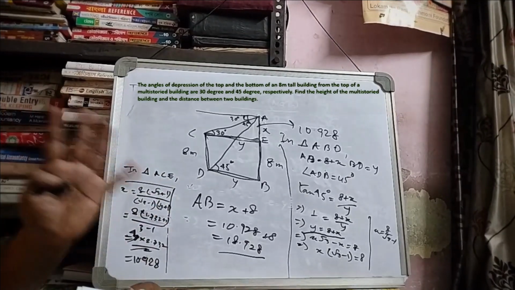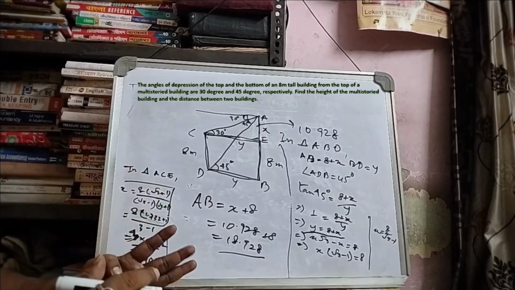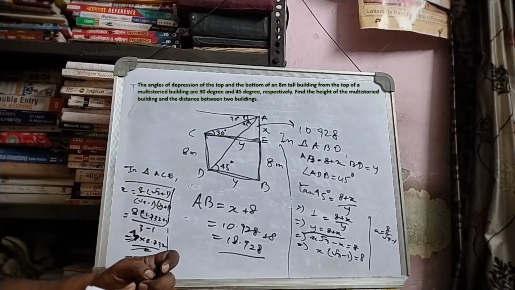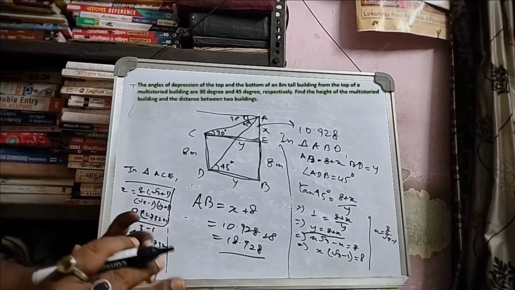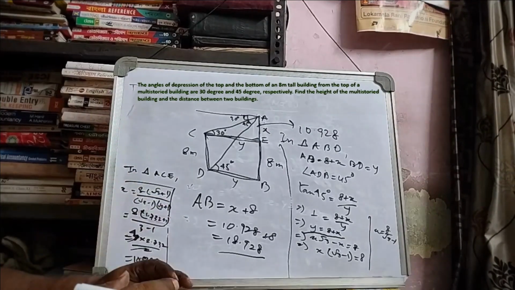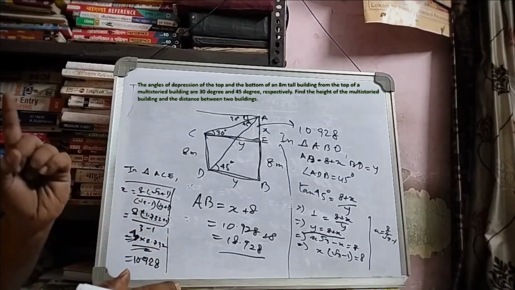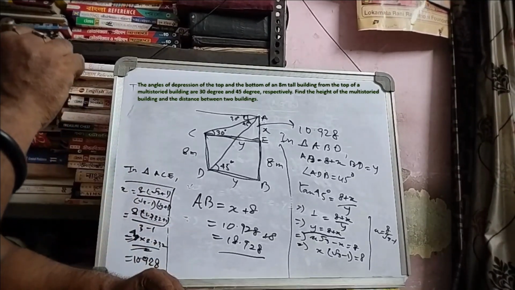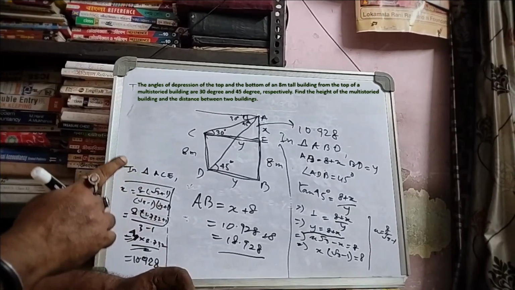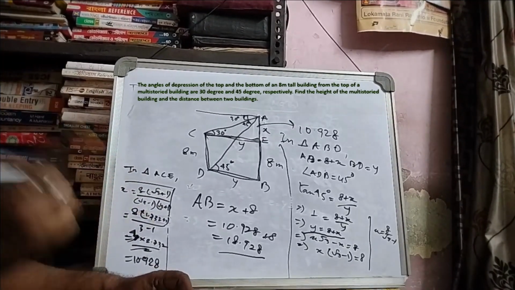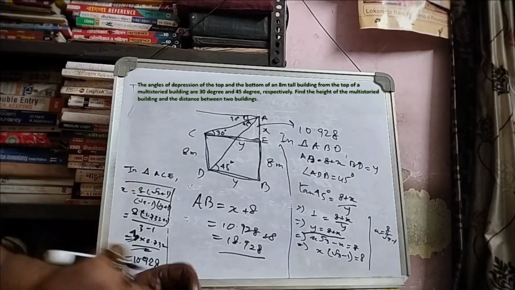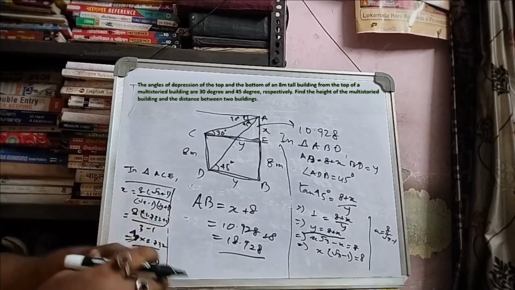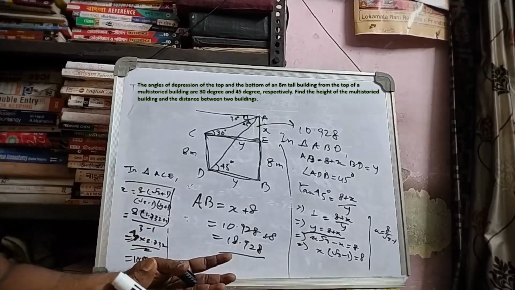If there is any mistake in drawing the picture, then your sum will be wrong and your answer will be wrong. So always focus on that point: your drawing must be according to your problem. Otherwise, your calculation will be wrong.